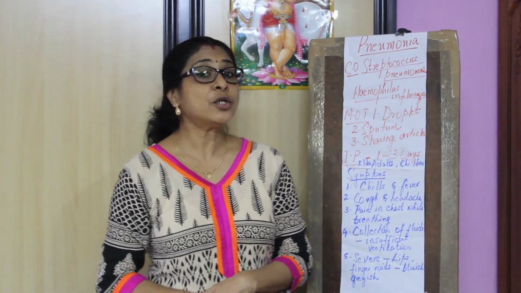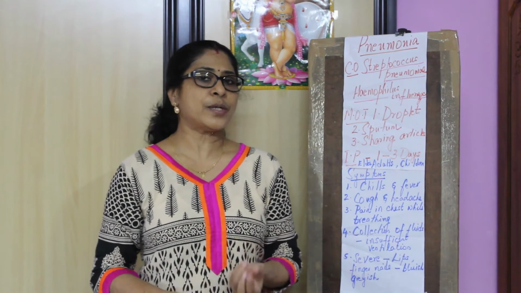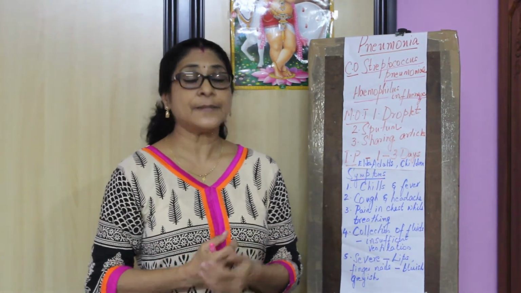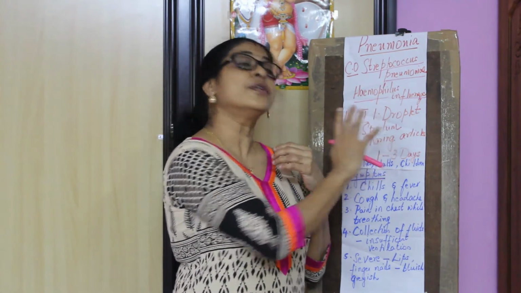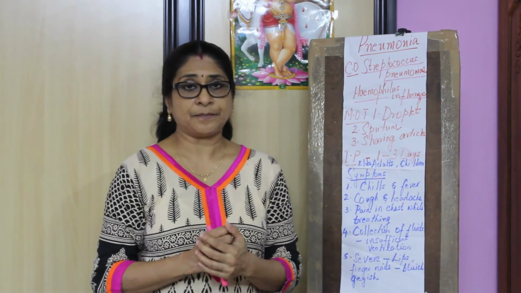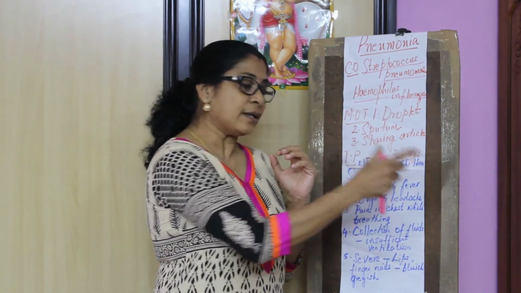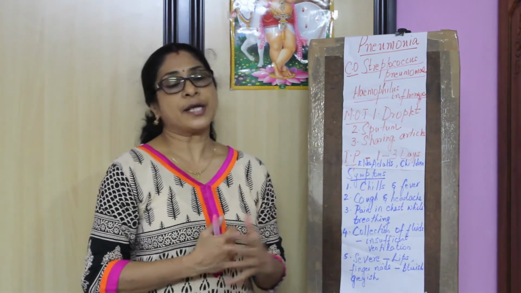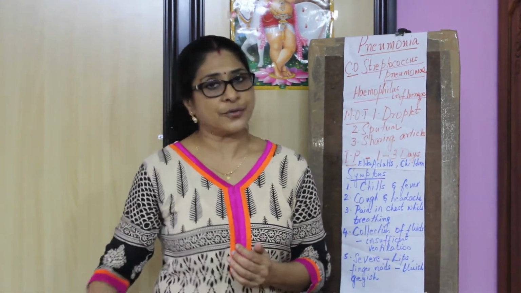Mode of transmission. Let us come to the incubation period, the period between the entry of the pathogen and the manifestation of the disease. In the case of pneumonia it is 3 days, just 3 days. Let me also highlight that pneumonia usually affects elderly adults or young children.